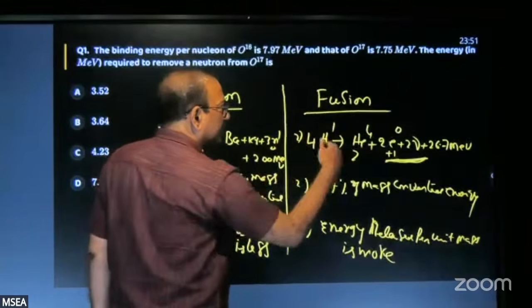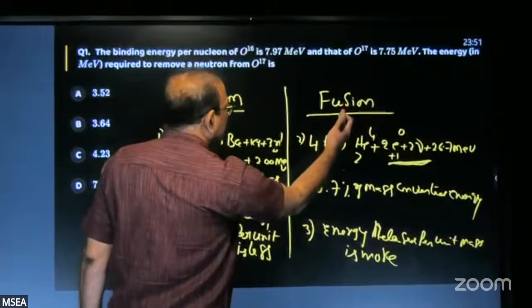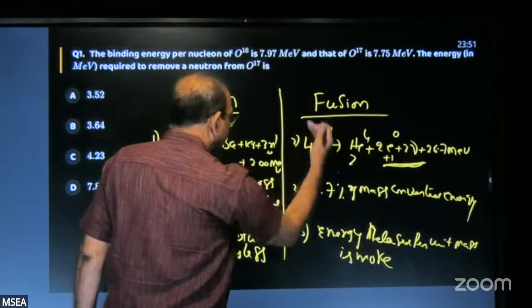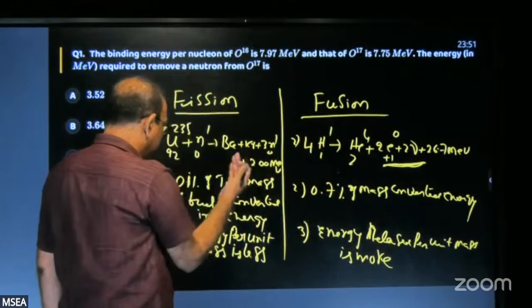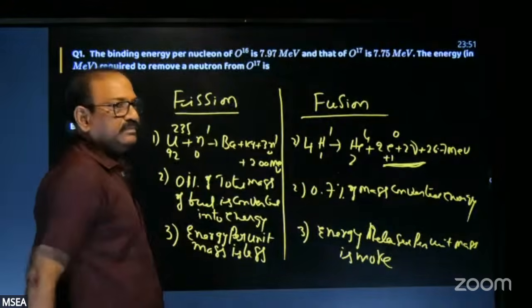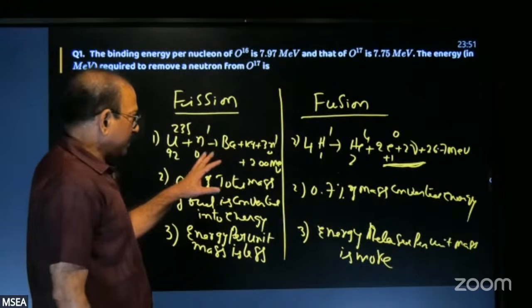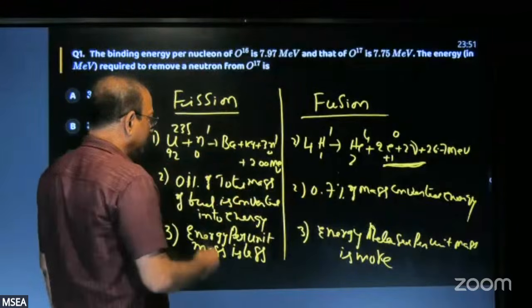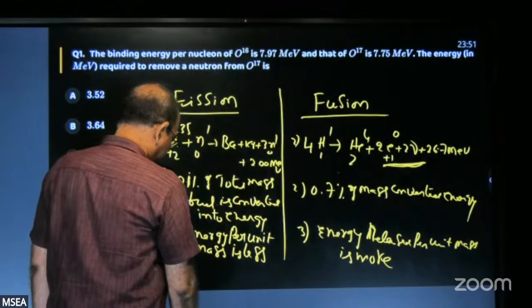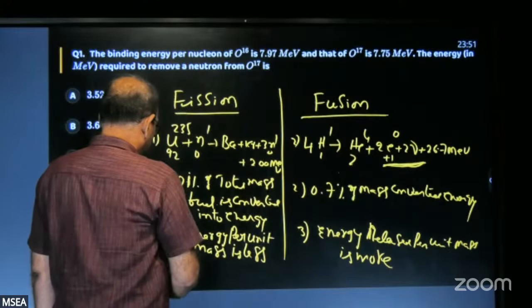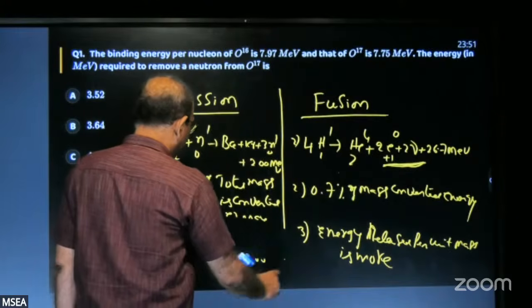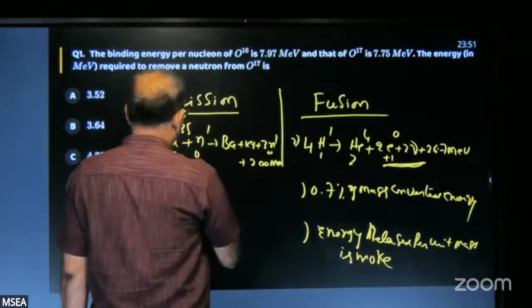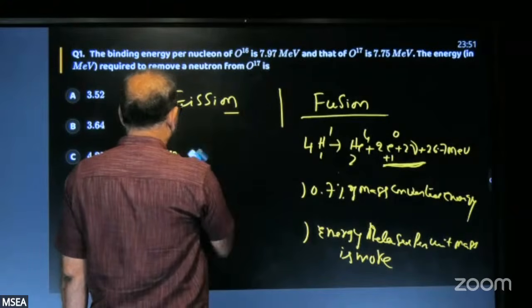The efficiency of converting mass into energy for fusion is nearly 7 times more than fission. Revise all these points, okay? These are all given in your notes.